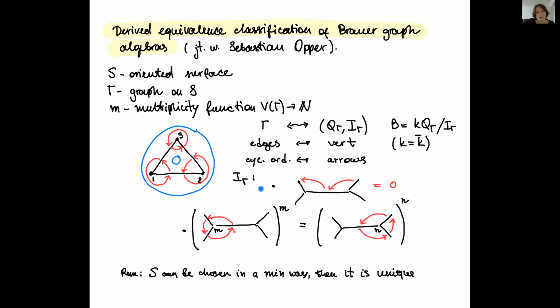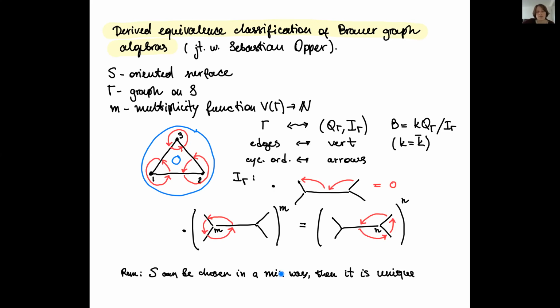So in the quiver Q gamma, we see that the arrows are divided into cycles, which correspond to the vertices. If we go from one cycle to another cycle, then this is 0. And the same holds if we go along one cycle not in the cyclic ordering. This is one type of relations.